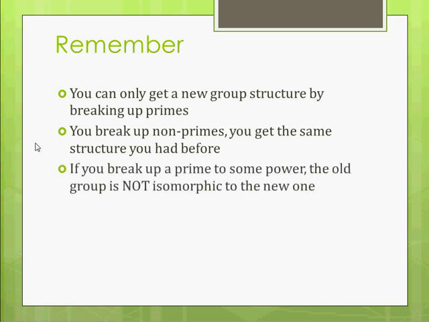So hope that makes sense. So this is kind of an expansion off the first bullet. If you break up a prime to some power, the old group is not isomorphic to the new one. So this is what I said on the first bullet.